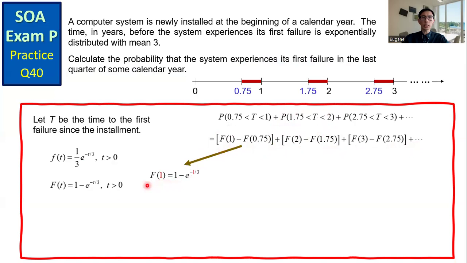Plug in 1 for t in the CDF expression, we get 1 minus e to the power minus 1/3. And then F of 0.75, we get this expression. So F1 minus F of 0.75, we get e to the power minus 0.75 over 3 minus e to the power minus 1/3.